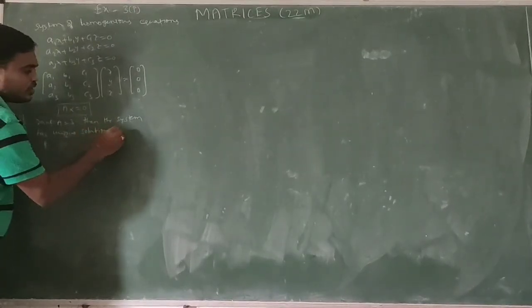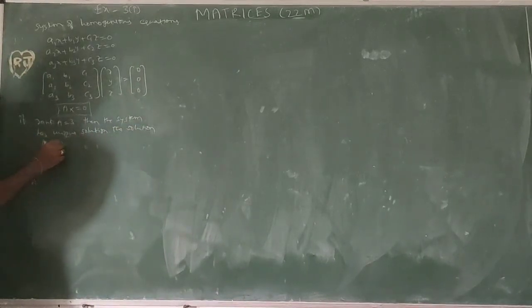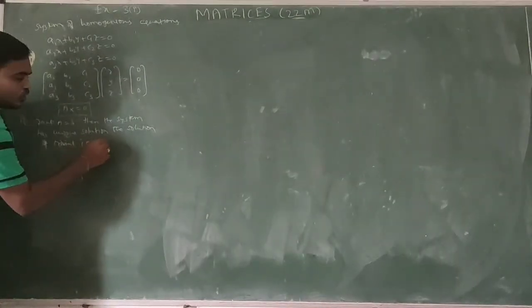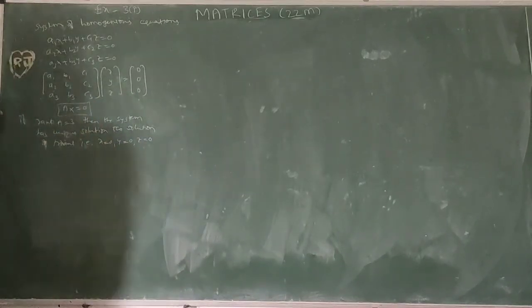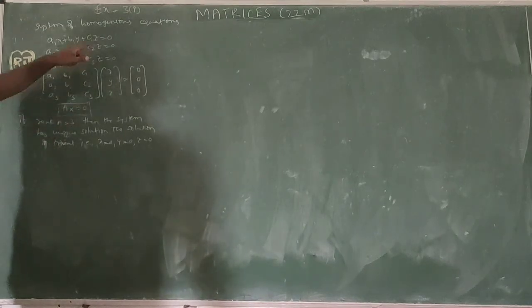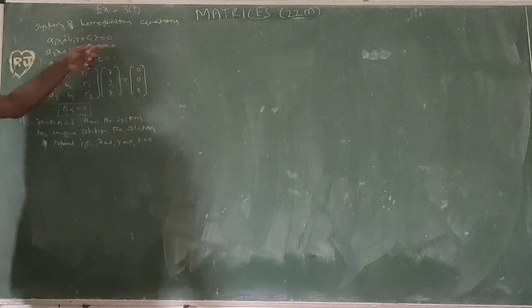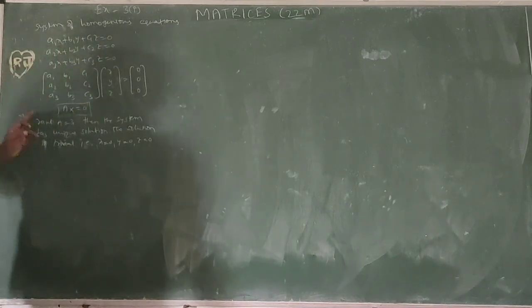The solution is trivial, that is x equal to 0, y equal to 0, z equal to 0. So this is the only solution. Rank A equal to 3 means, how many unknowns? 3 variables, and rank is also equal to 3. Then the system of homogeneous equations has exactly one solution, that is x equal to 0, y equal to 0, z equal to 0.